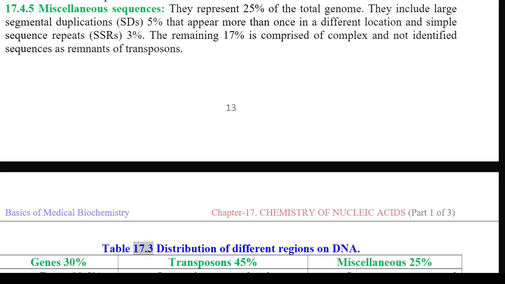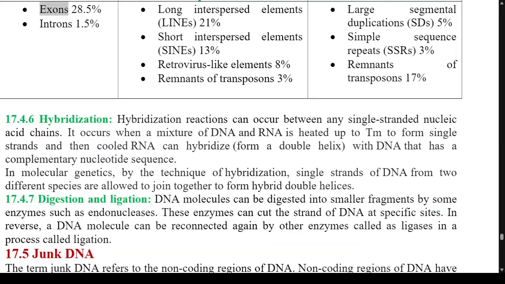Table 17.3 Distribution of different regions on DNA. Genes 30%. Transposons 45%. Miscellaneous 25%. Exons 28.5%. Introns 1.5%. Long interspersed elements, LINEs, 21%.